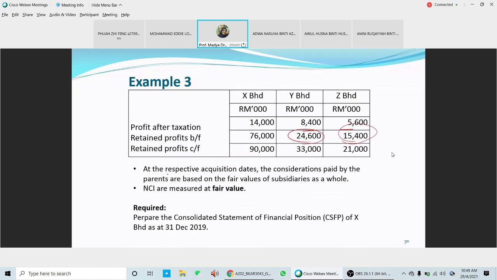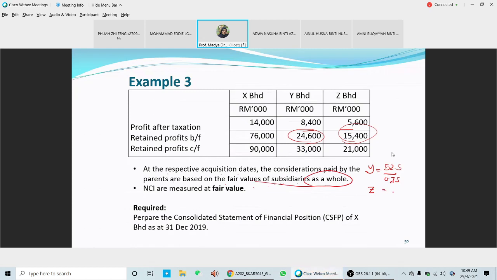Okay, and then it said that at the respective acquisition date, the consideration paid by the parent is based on the fair value of the subsidiary as a whole. So for Y here, you paid 52.5 divided by 0.75. We have to find the value of the company as a whole.